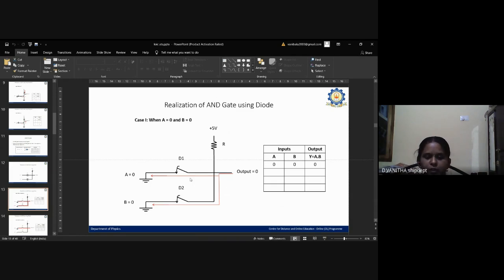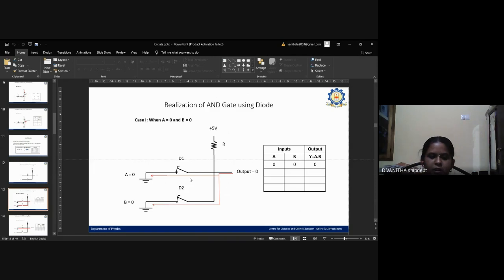If A is equal to 0, the diode connected with that input 0 can be closed, and the current is passed through the corresponding diode and through the resistor, and thus the output of the diode will be logic 0.